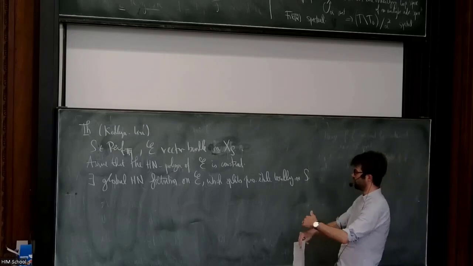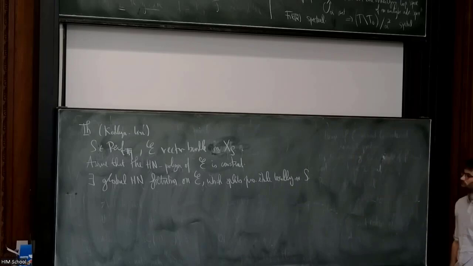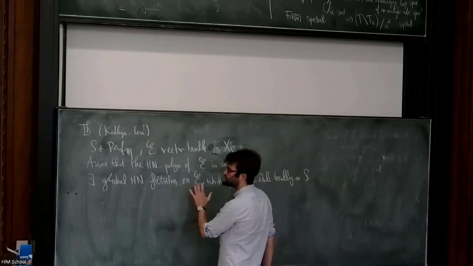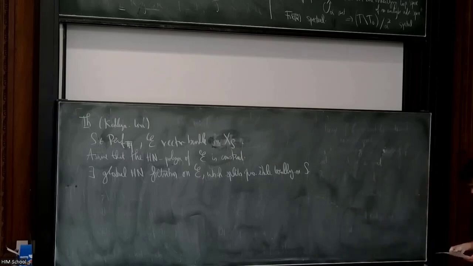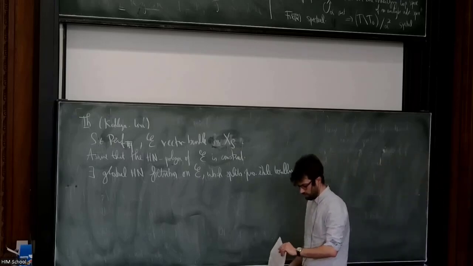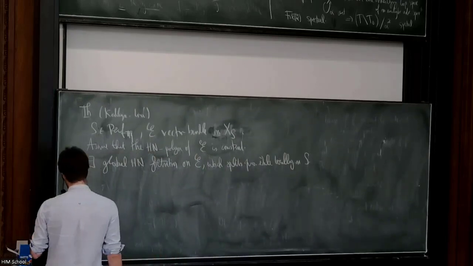And up to taking a further pro-étale cover, I can trivialize each of these pieces. So I can write my vector bundle as a sum of O(lambda) locally on S. And let me just say what the main idea is.